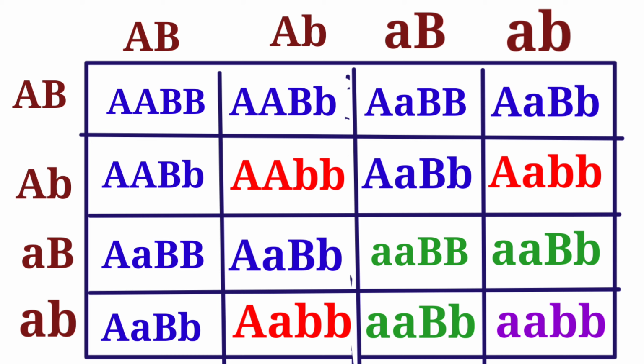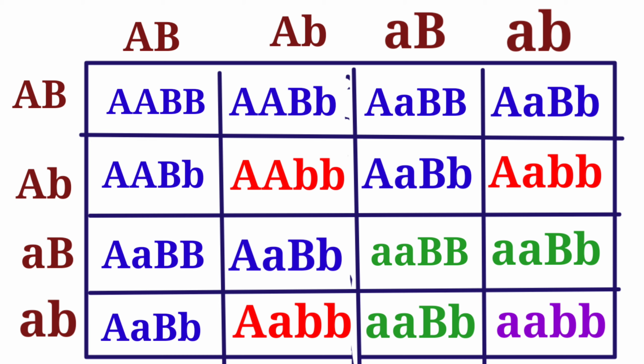So, these are the genotypes of the children. Now, if the letters are capital letters, they are all dominant. And if it is small letters, they are all recessive.